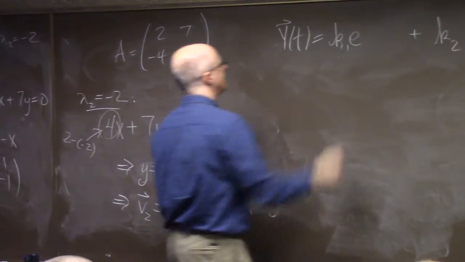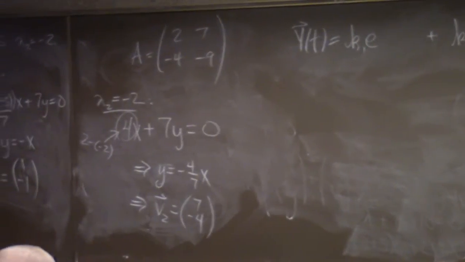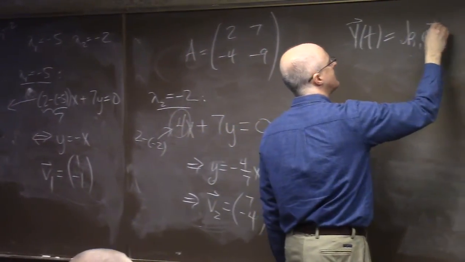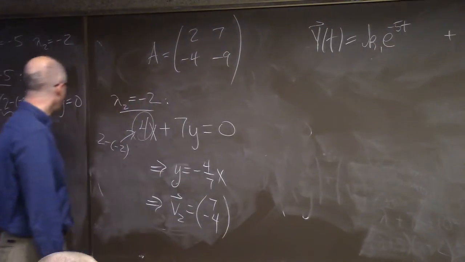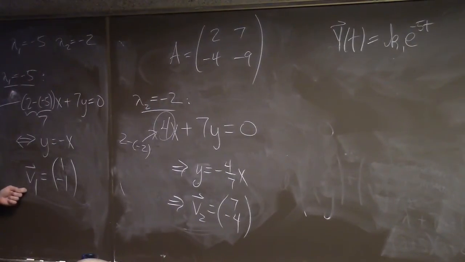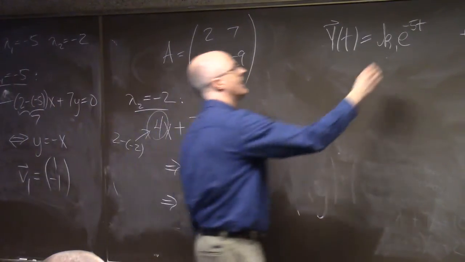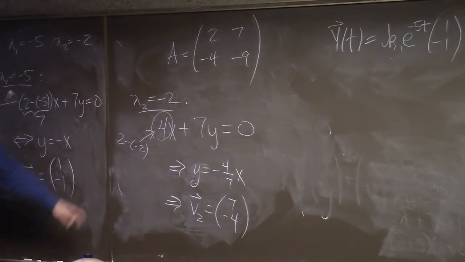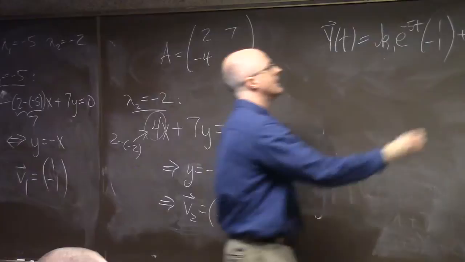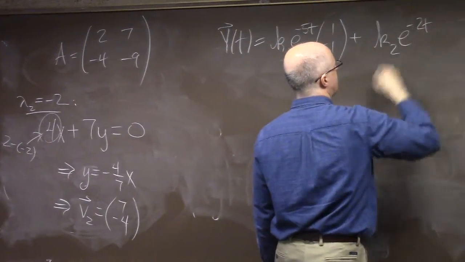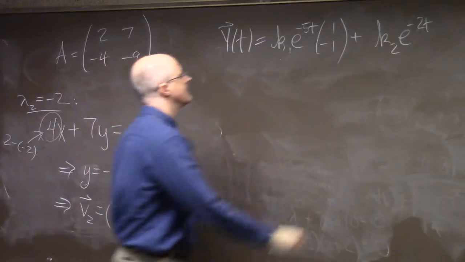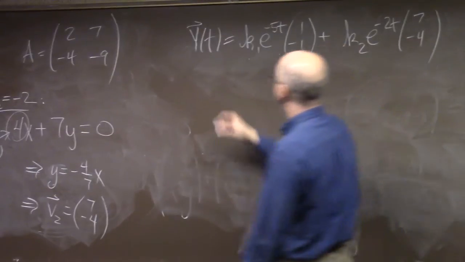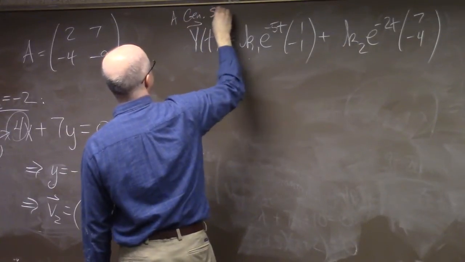It's e to the first eigenvalue, negative 5t, times the eigenvector corresponding to that eigenvalue, this one, 1, negative 1, and then take the second eigenvalue, negative 2, write in e to the negative 2t times the corresponding eigenvector, 7, negative 4. There's a general solution. It's not the only possible answer.